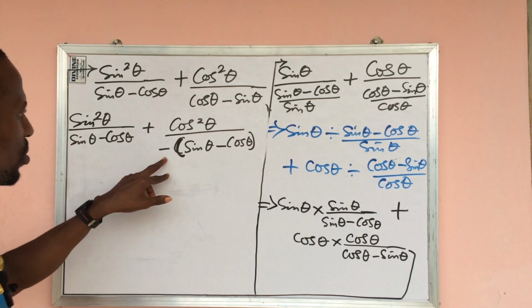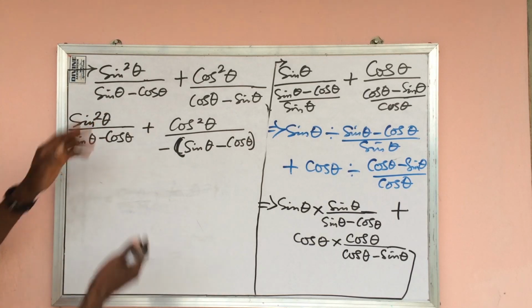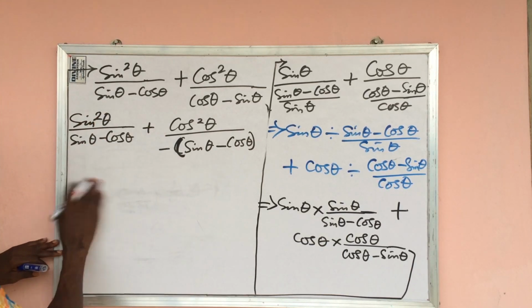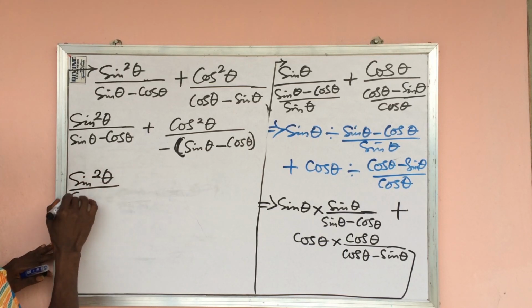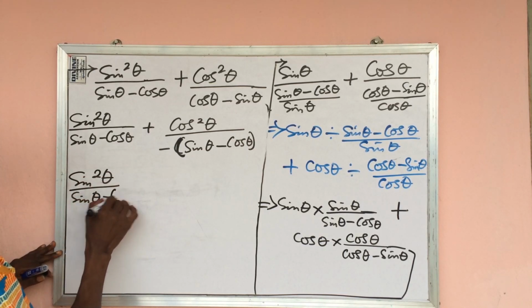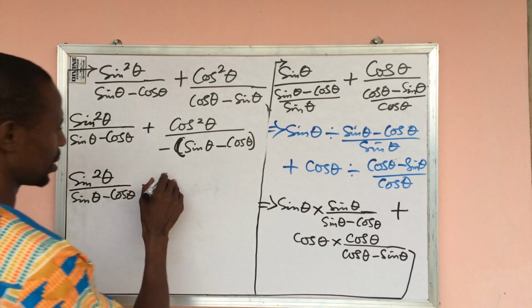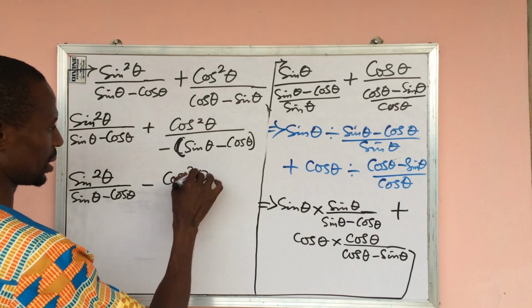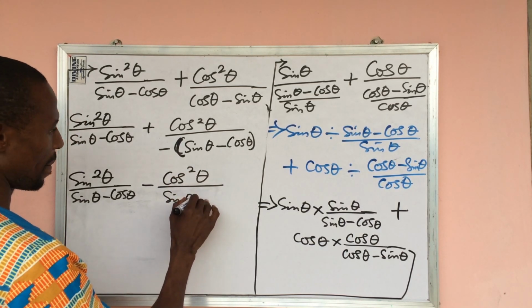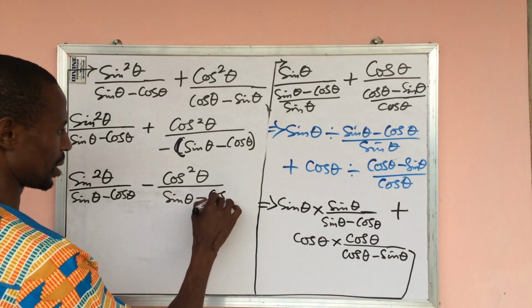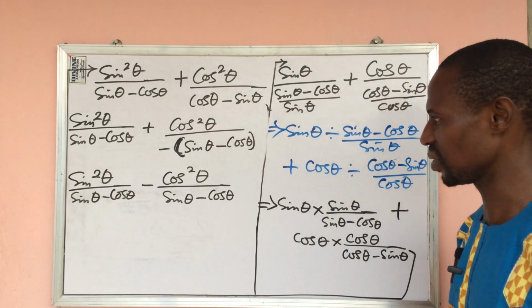Because if I use this minus to open this bracket, the sign is going to affect this. So if we go down again, this will give us sine square theta all over sine theta minus cos theta, minus cos square theta all over sine theta minus cos theta. Very beautiful now.